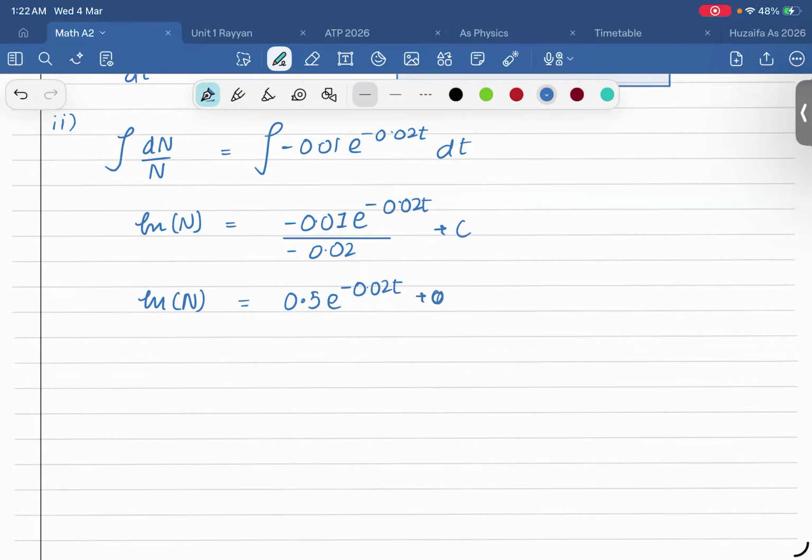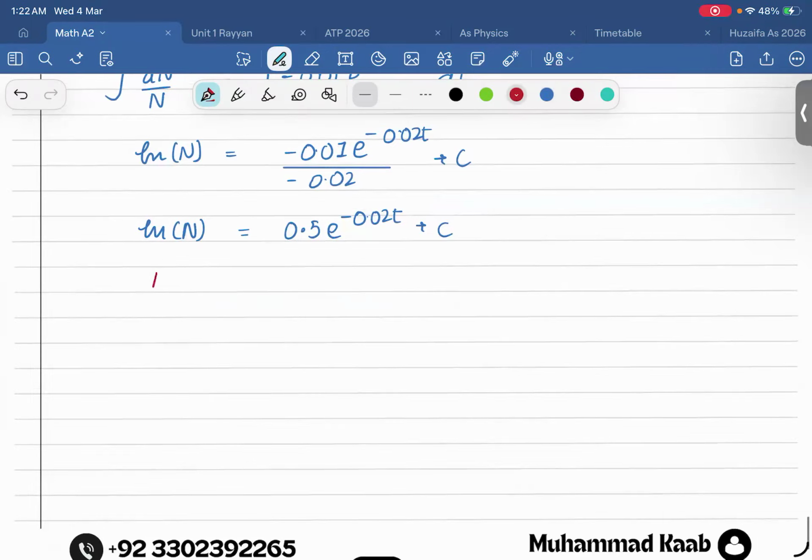Now, to find the value of c, I can use n and the t value again. n is 1000, and that would be 0.5, because when you put 0 there, e to the 0 would be 1.